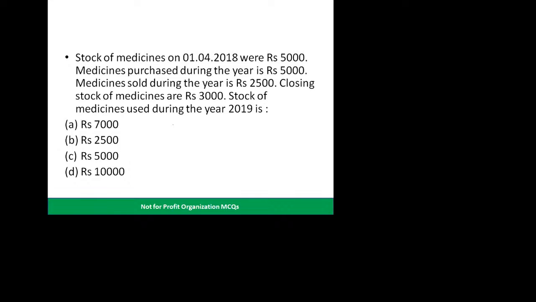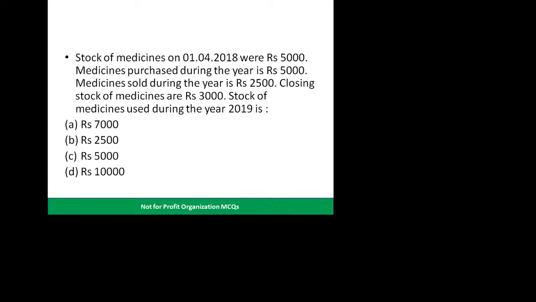So try to solve the questions. Stock of medicines on 1/4/2018 was rupees 5,000. Medicines purchased during the year is rupees 5,000. Medicines sold during the year is 2,500. Closing stock of the medicines is rupees 3,000. Stock of the medicines used during the year?